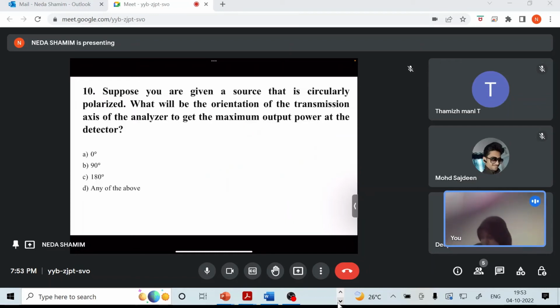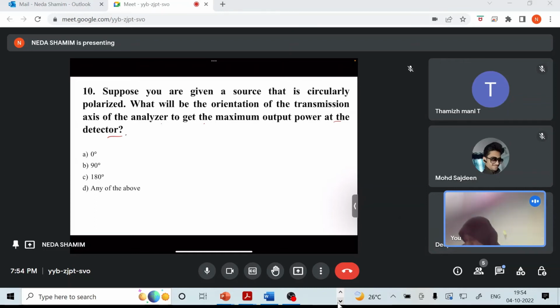Suppose you are given a source, and that source is circularly polarized. What will be the orientation of the transmission axis of the analyzer to get the maximum output power at the detector? We have done this twice. You know the answer? B, 90 degree. Sure?